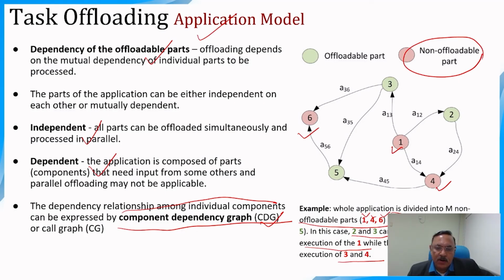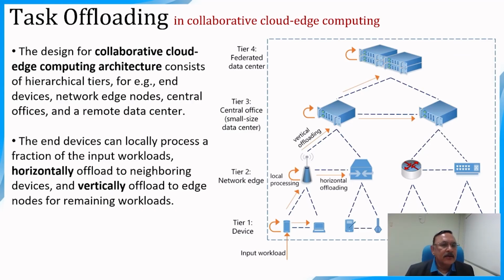In case of 2 and 3, you can see that they can be offloaded only after the execution of 1, while 5 can be offloaded after the execution of 3 and 4. You can see that is shown in the component dependency graph. This is called CDG.